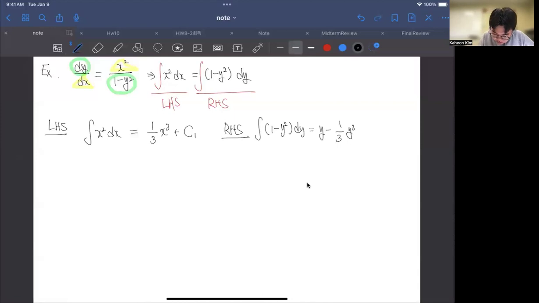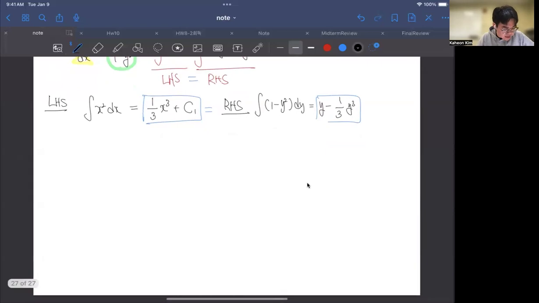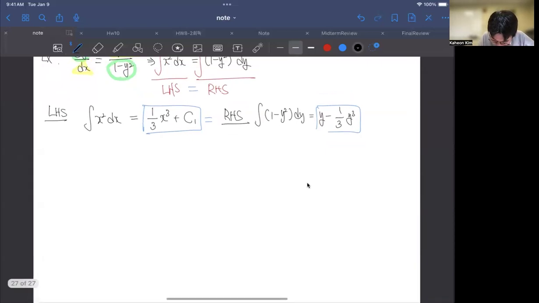So you know that the equality holds. This means this and this are equal, right? So let me organize that: y minus, sorry, I missed also the constant, y cubed over 3 plus c2 equals x cubed over 3 plus c1.